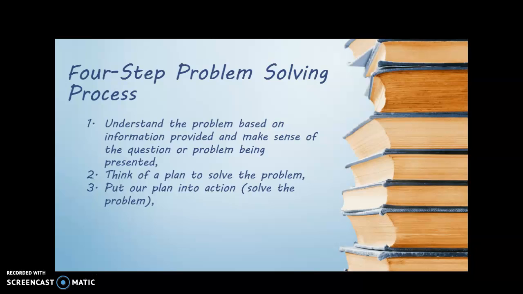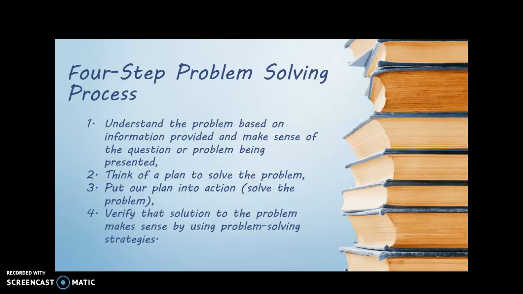So the plan that we come up with after we understand our multiplication problem, we will then need to put into action so we can get a solution to the multiplication problems that we're given in this lesson and future lessons to come.